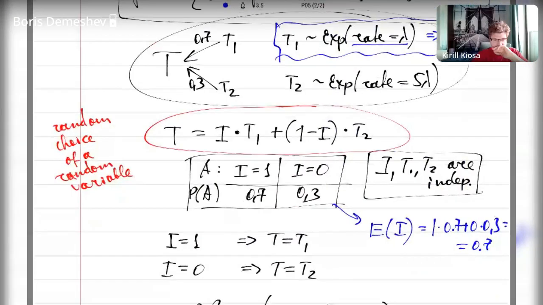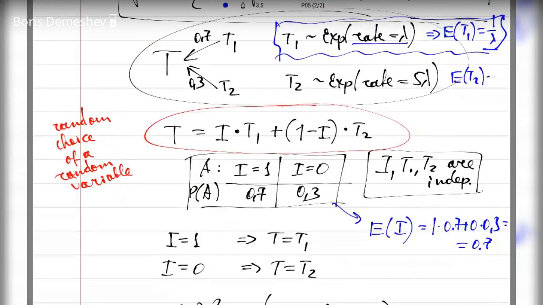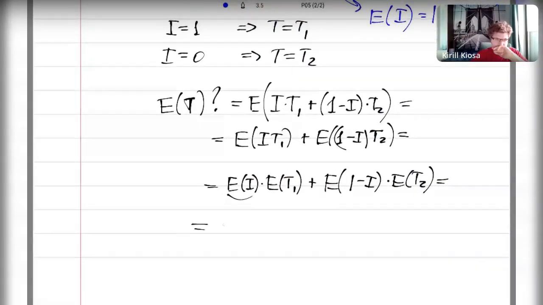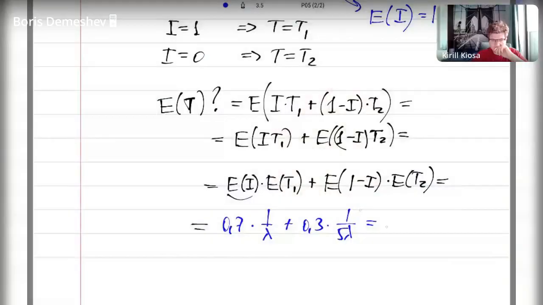So here we have expected value of T2 is 1 over 5 lambda. And basically 0.7 times 1 over lambda plus 0.3 times 1 over 5 lambda. So it is 3.8 divided by 5 lambda. Okay, we are done.